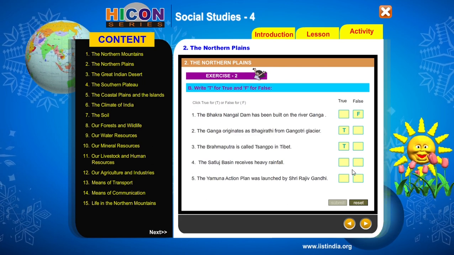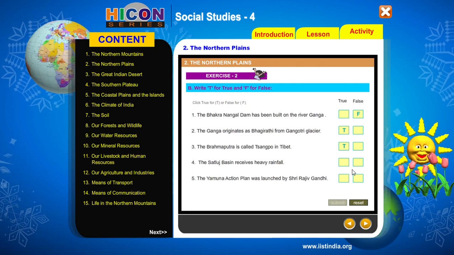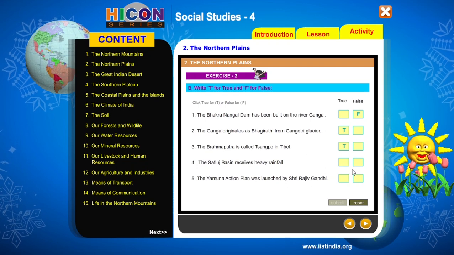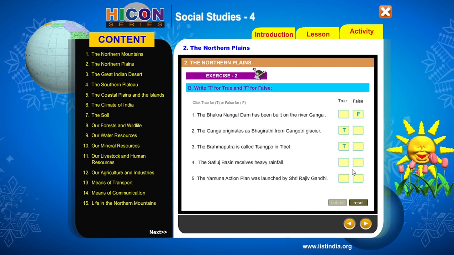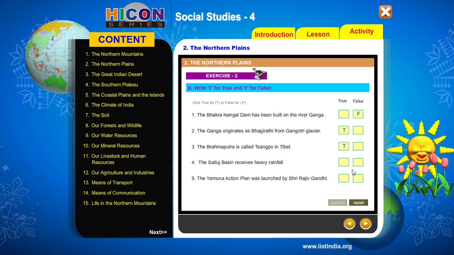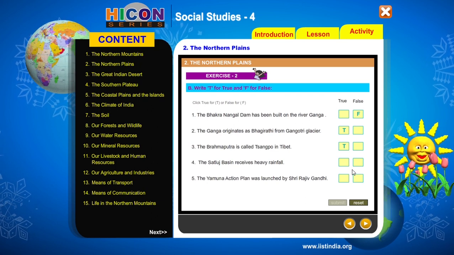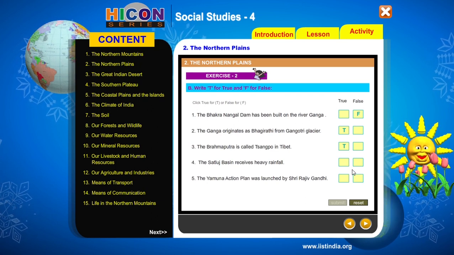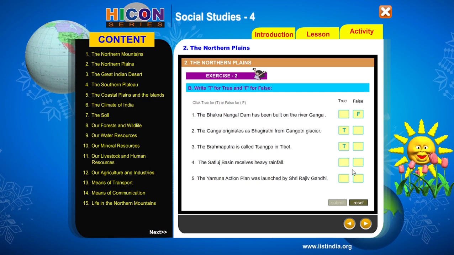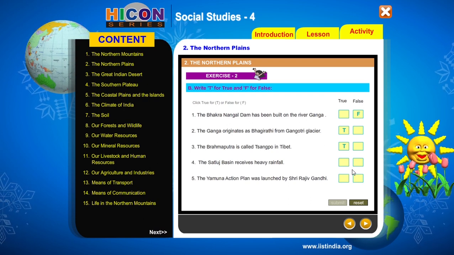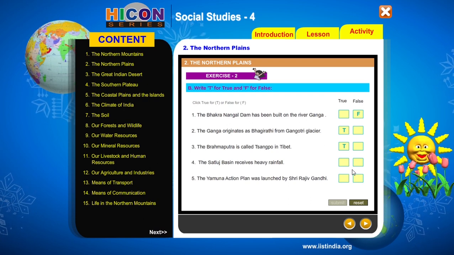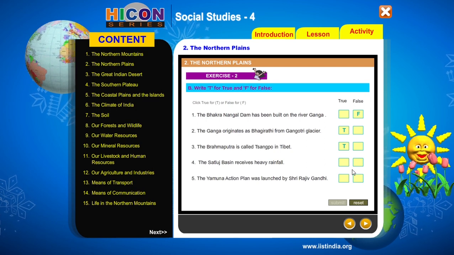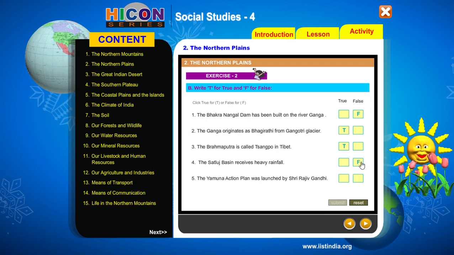Fourth sentence. The Satluj basin receives heavy rainfall. Heavy rainfall is received at the Brahmaputra basin, isn't it? Brahmaputra basin receives heavy rainfall. Gangetic basin receives very good rainfall, and Satluj basin receives very little rainfall, isn't it?